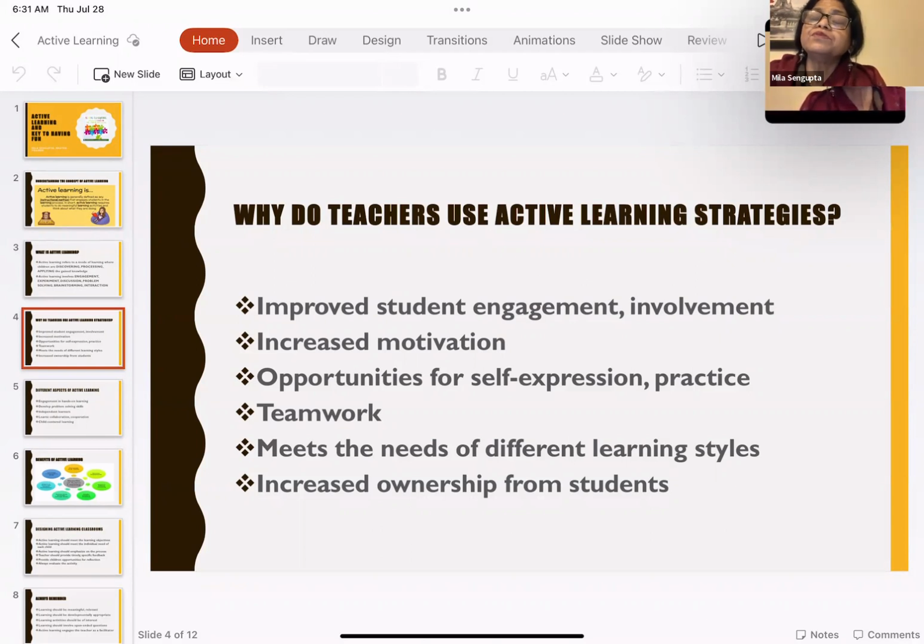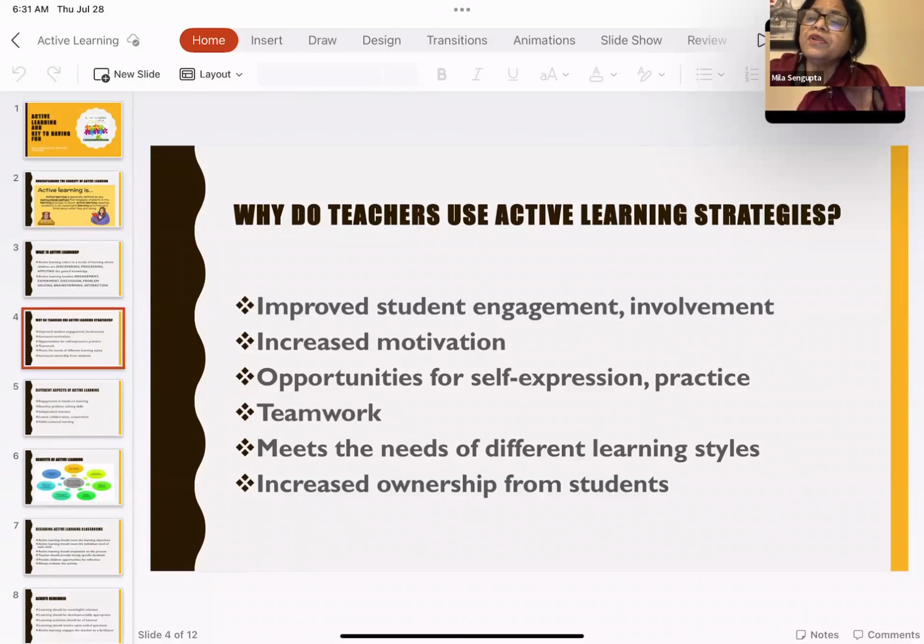Practice helps them to internalize, master that knowledge, retain it, and apply it successfully. It also encourages teamwork, sharing. Children are participating together, and it promotes teamwork in them.